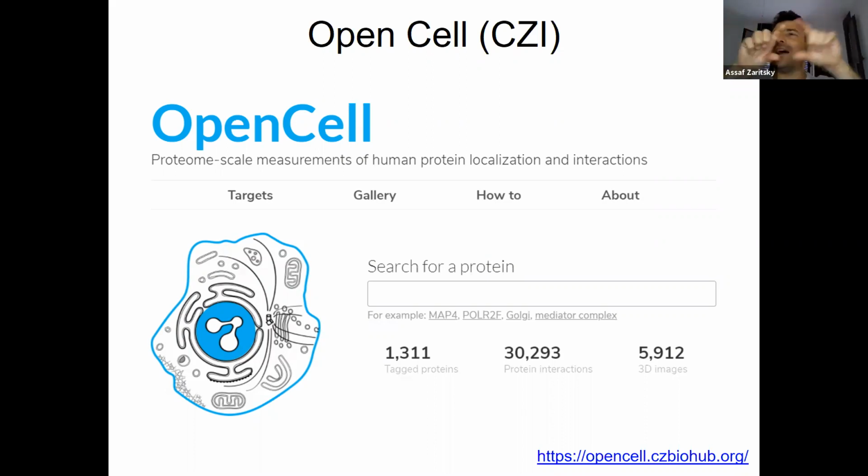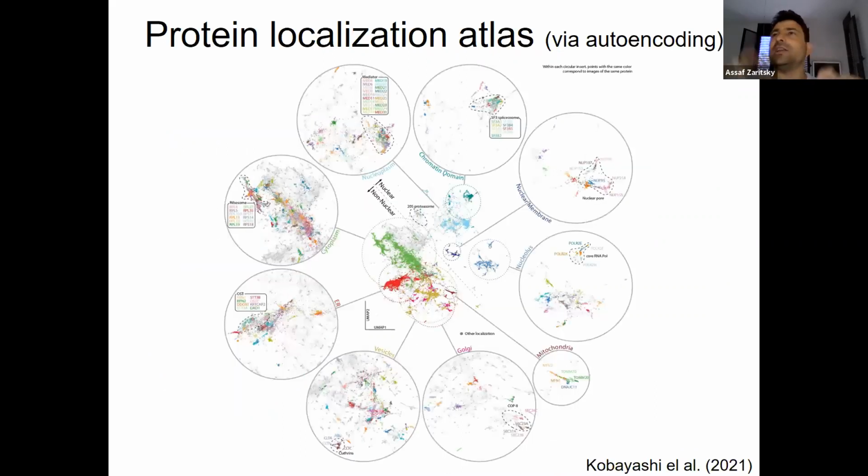And then they did similarity on that. Their question was, we want to define measures for similarity between different localization patterns, and they used autoencoding for that. Based on the similarity in the latent spaces, we can define networks of which proteins are related to one another in terms of their location within the cell.